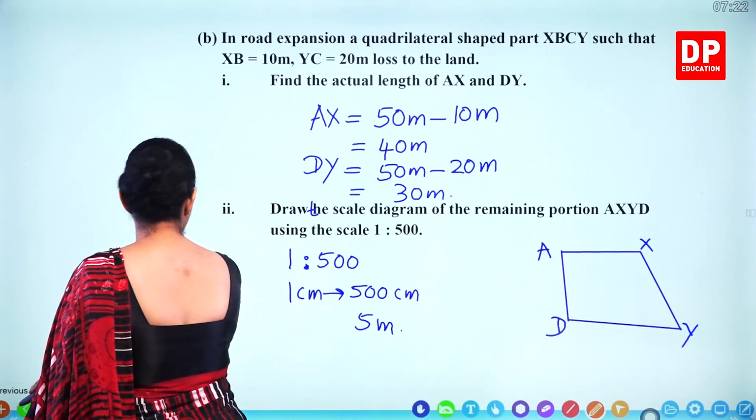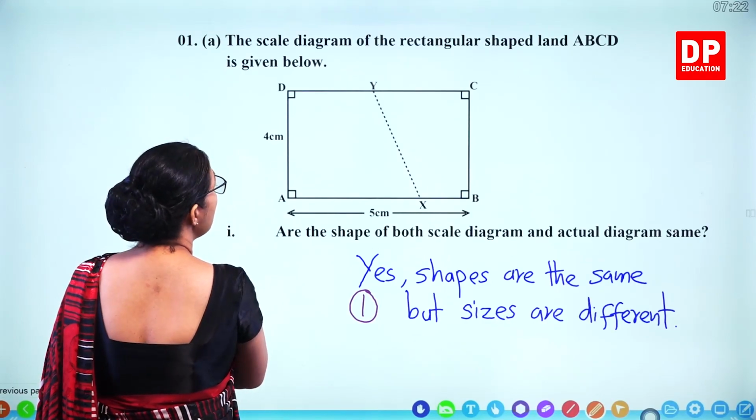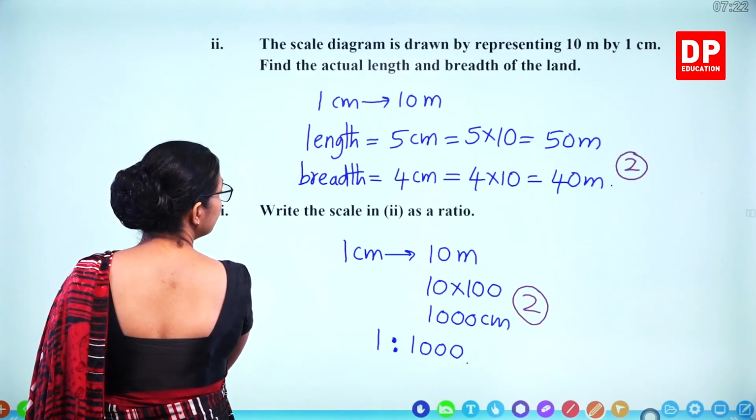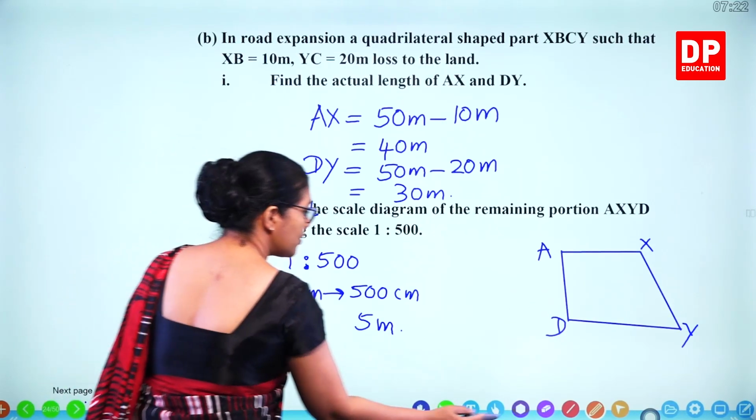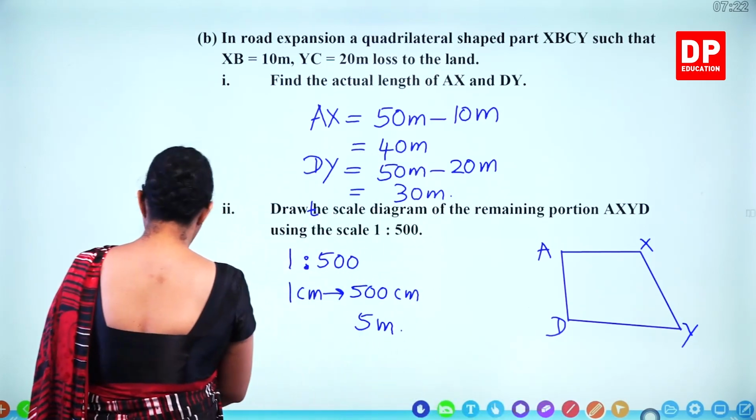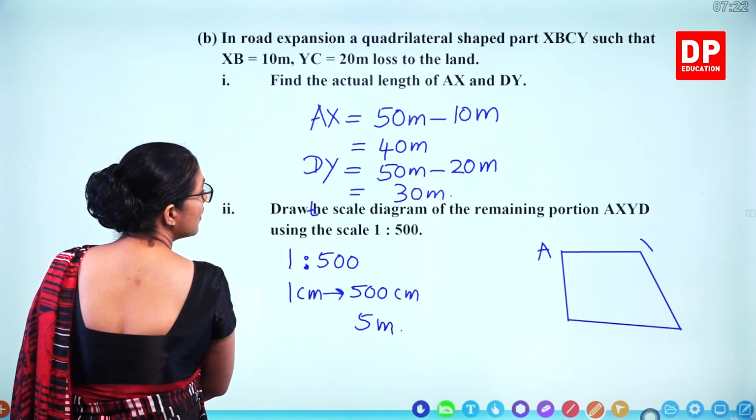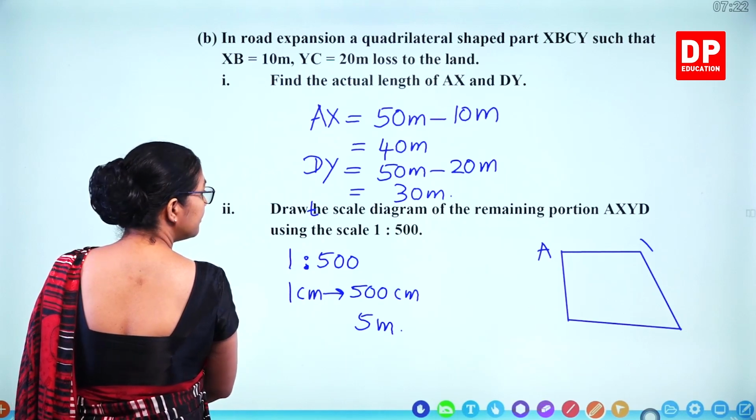Is this the correct labeling? A is down. Other way around, so I'll erase all the letters.